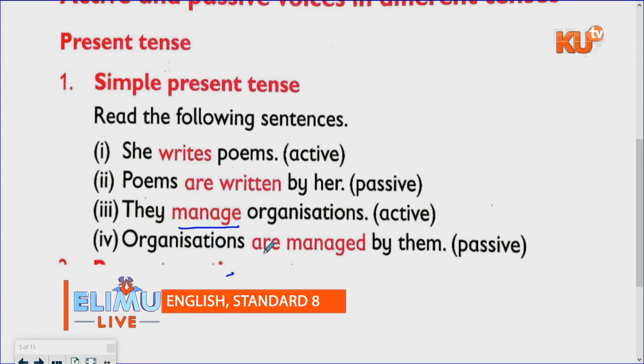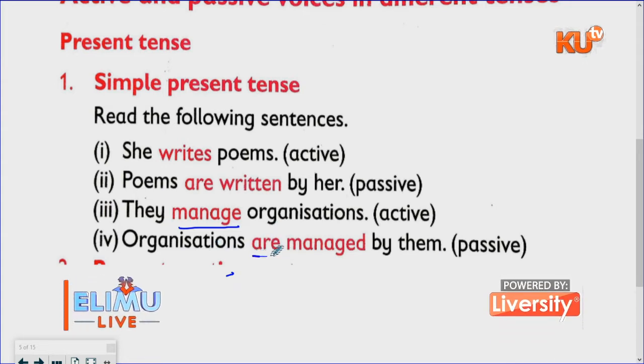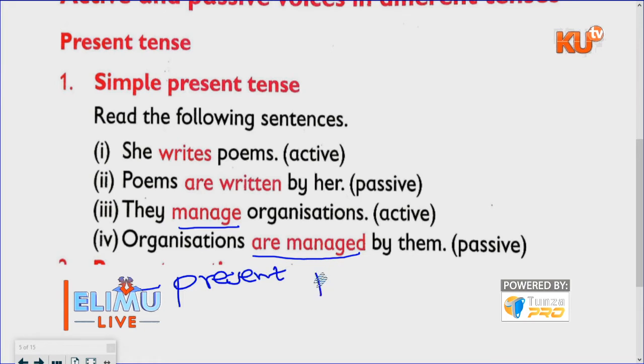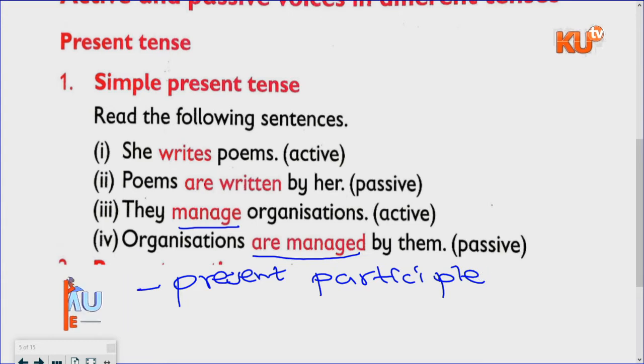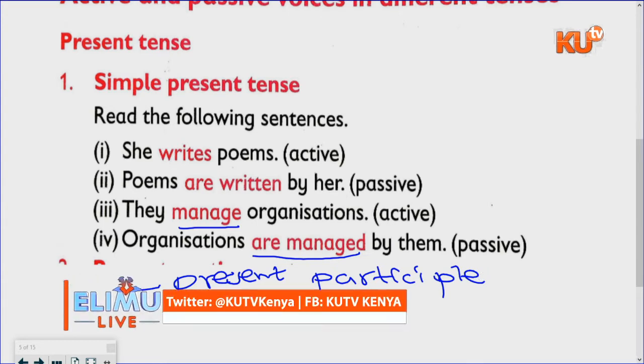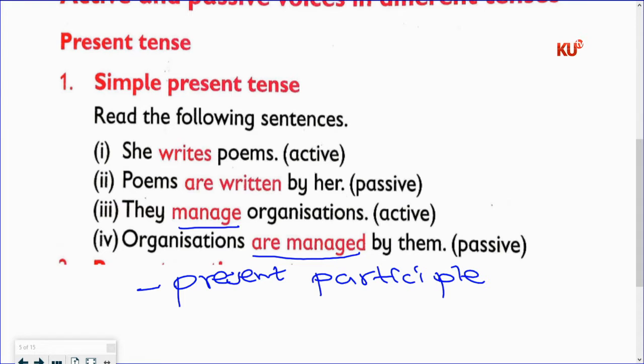Organizations are managed by them. So simple present tense changes to present participle. So you can write there present, then participle tense. Okay, so that is how simple present tense changes. She writes poems. Poems are written by her.